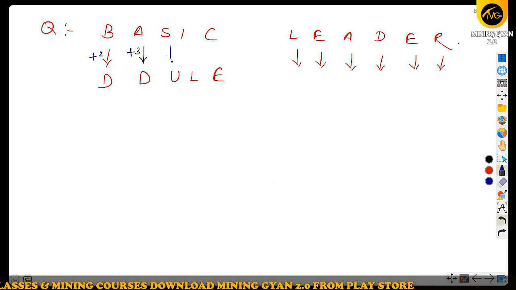Now similarly, S, T, U: again the gap between S and U will be 2. Now I, J, K, L: the gap between I and L will be plus 3.